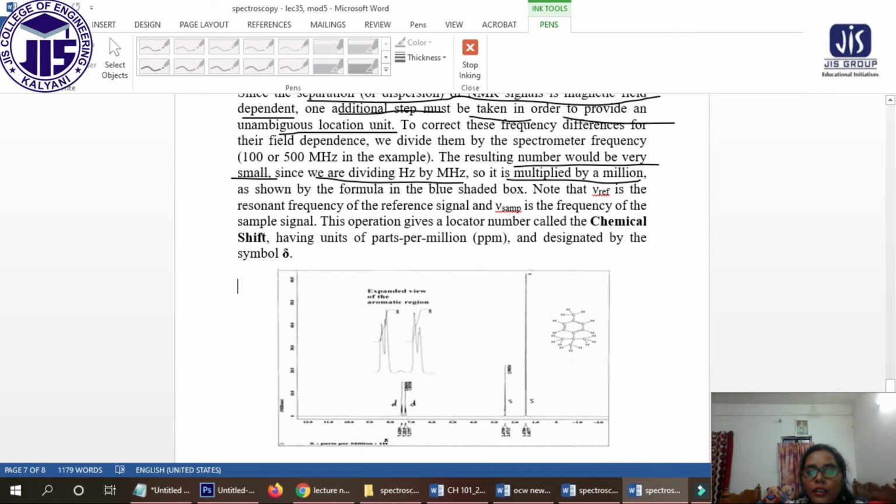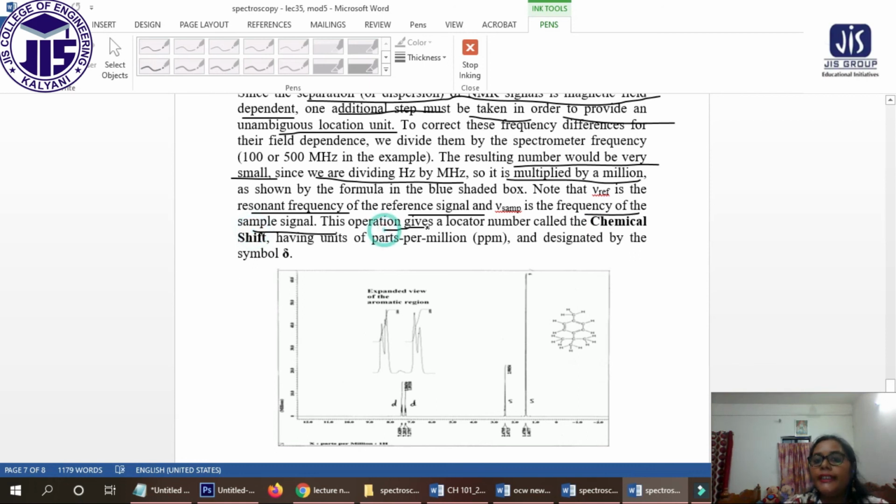Here you can see the formula. Note that V reference is the resonating frequency of the reference signal, and V sample is the frequency of the same signal for whatever sample we are characterizing through this technique.